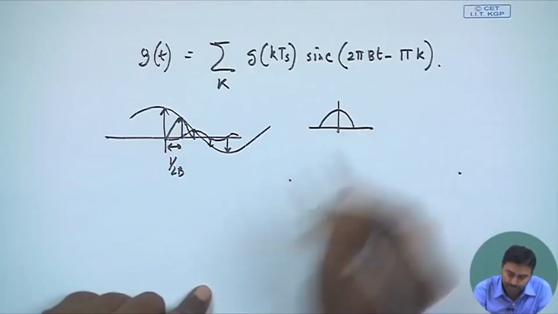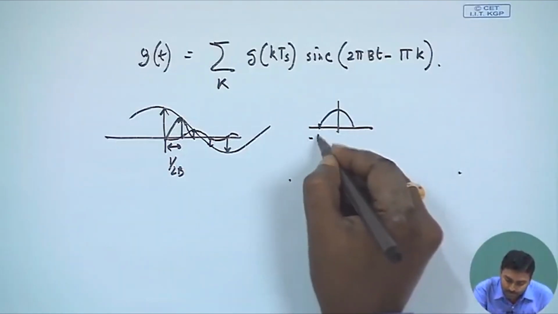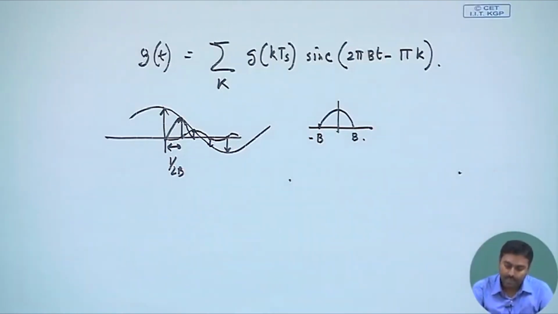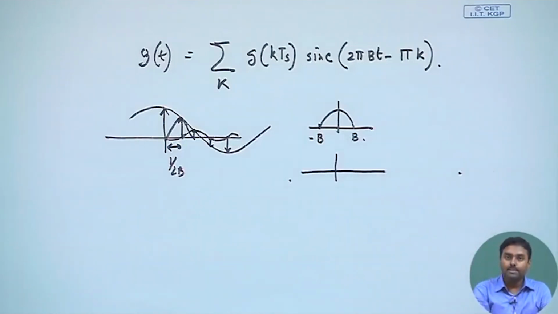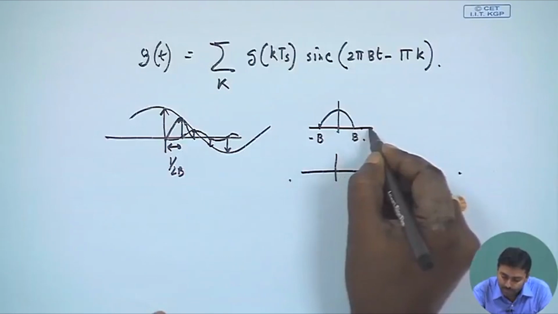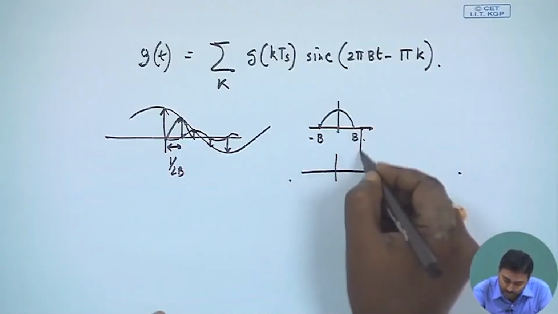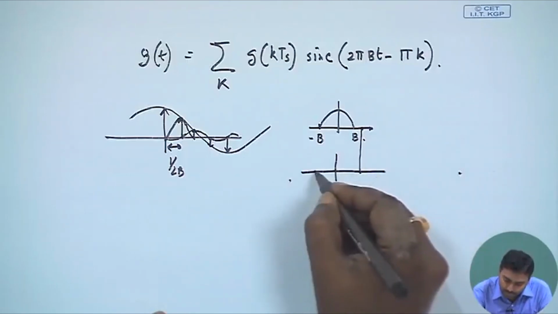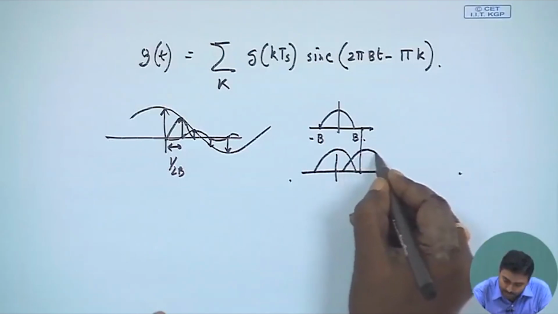Whenever you have a band limited signal, let us say from minus B to plus B, and you sample with a sampling frequency less than 2B, it should be beyond 2B, but suppose we deliberately do not do that. Then the spectrum will get repeated at every Fs.